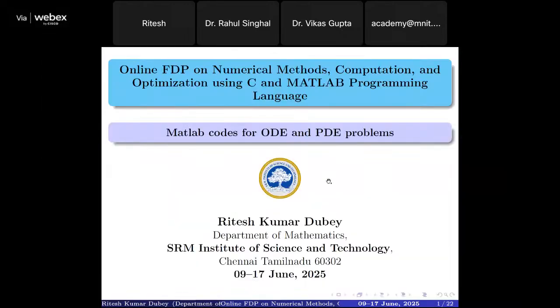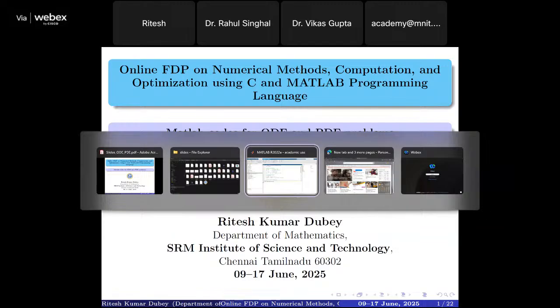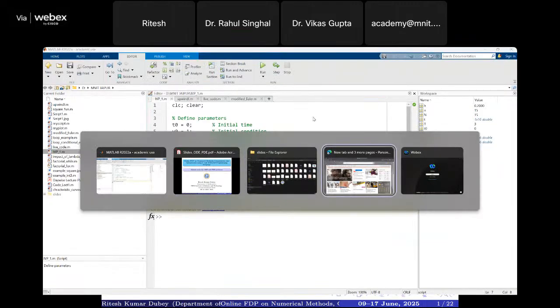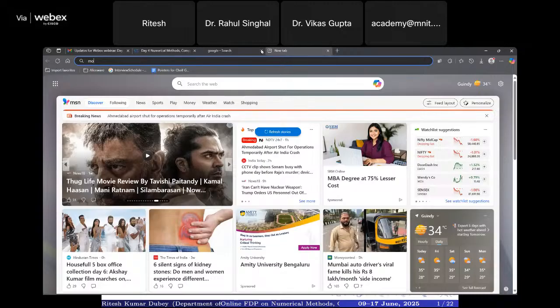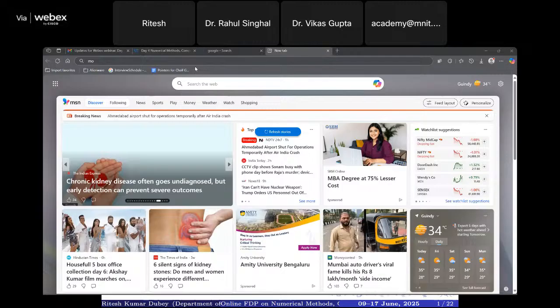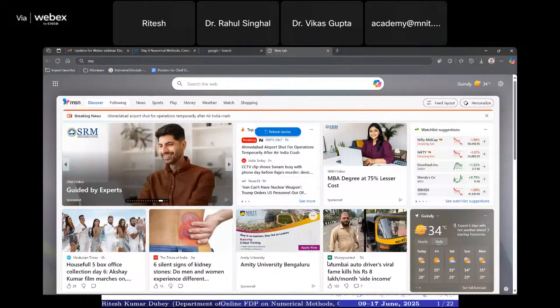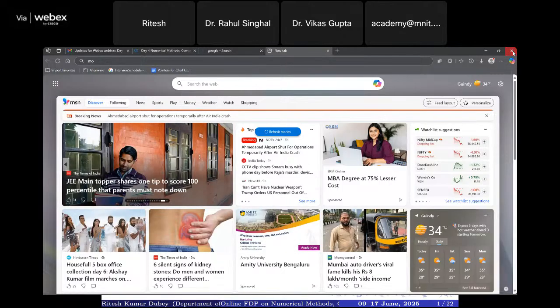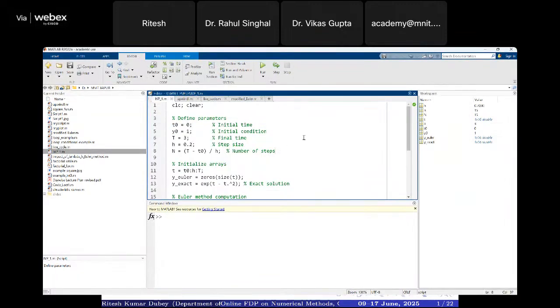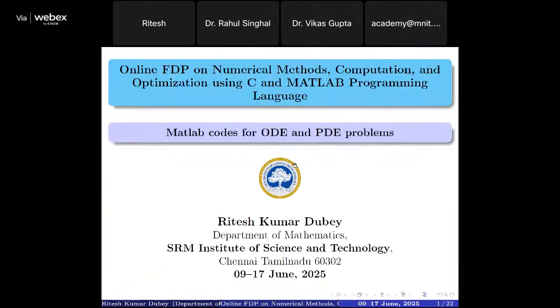Yes, Professor Ritesh, it is visible. Okay then. Just a minute. Adobe Reader is visible to you. The PDF, the PPT is visible. Yes, PPTs are visible.